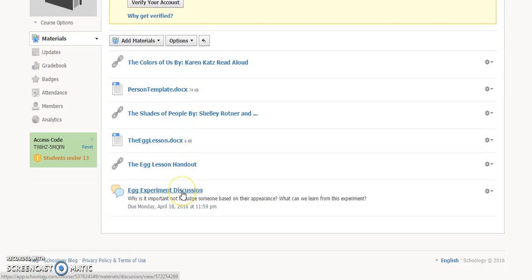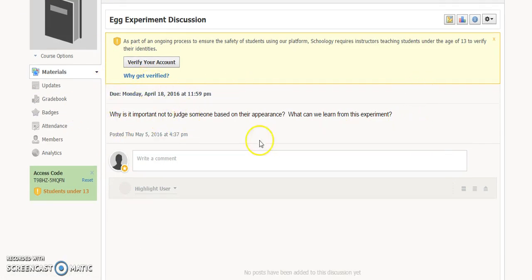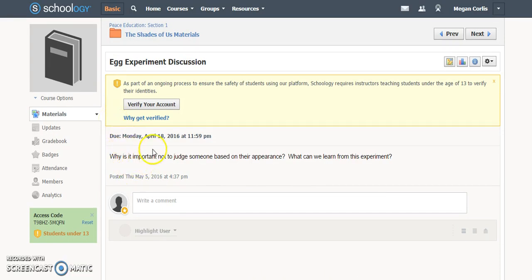Check back on that. Next is another discussion board where students would be expected to post on something that they learned about this experiment. So students would not only be posting their own thoughts, but they can also be commenting, either adding an idea to their peers or posting their own original comment.